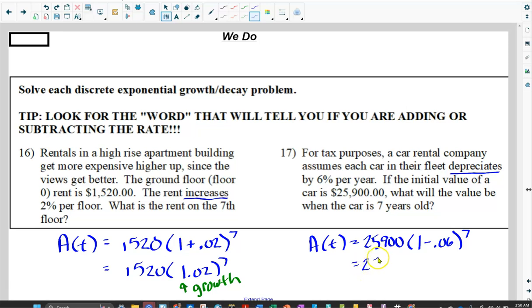I'm going to have the initial amount. I'm going to subtract this. Okay. So this is 1.00, which is going to give me 0.94 to the 7th. Okay. And here I want to pay attention to the fact that this is less than 1, so this is decay.